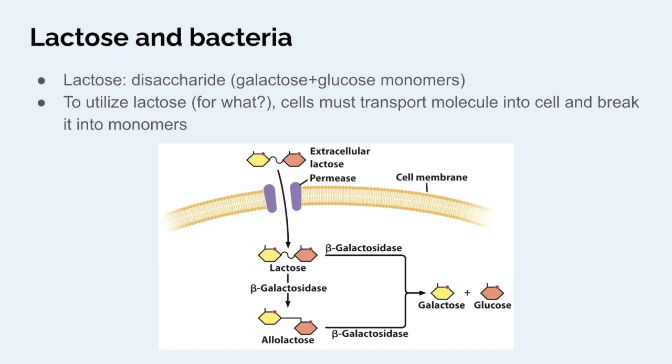There's another layer of complexity to this, which involves having not just the enzyme for digesting lactose, which is this one called beta-galactosidase. There's also an enzyme for getting the lactose into the cell. So permease is an enzyme that we'll see is involved in this process, and beta-galactosidase. And honestly, I think we don't think about this other molecule, allolactose.